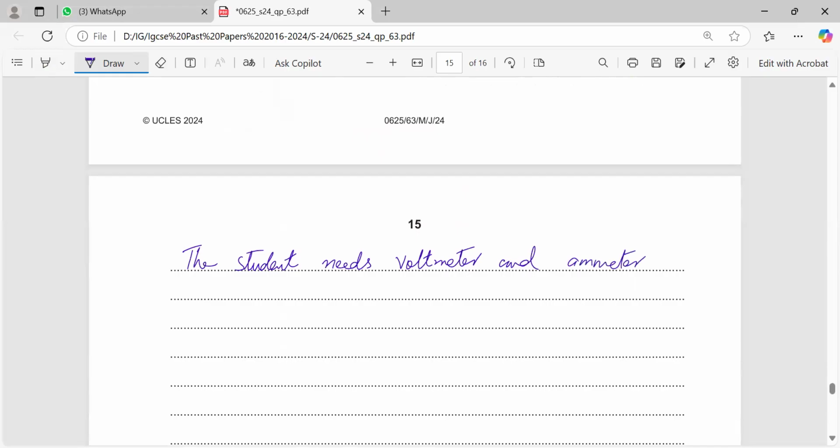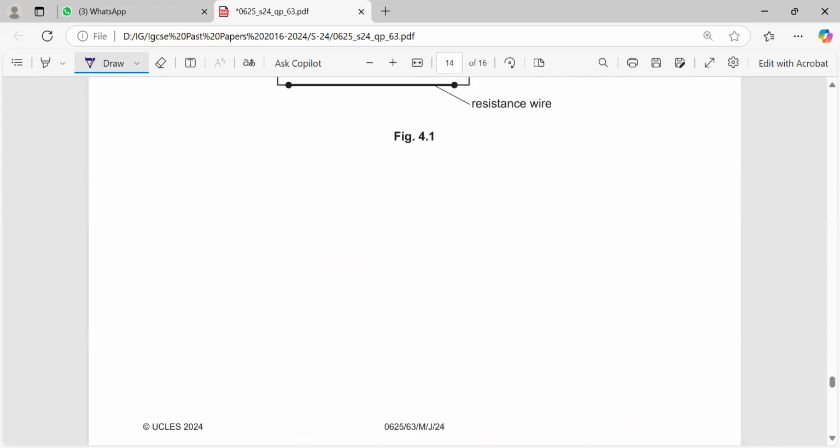Already it is mentioned for what purpose they are used in the explanation of the experiment. An ammeter and voltmeter to find the resistance of the wire.